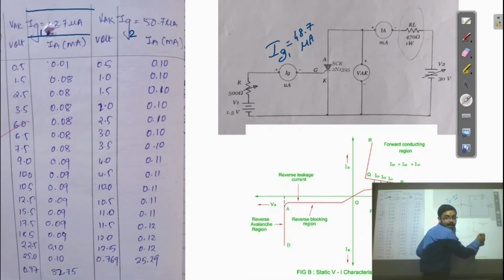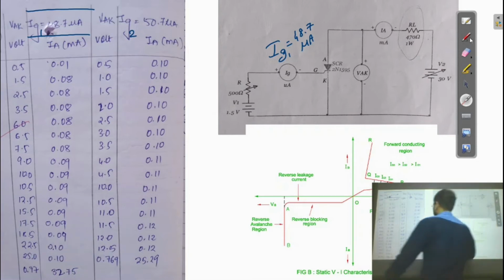We can see in the practical reading, this VAK has decreased from 25 to 0.777 volt, and vice versa, the current has increased to 32.75 milliampere.